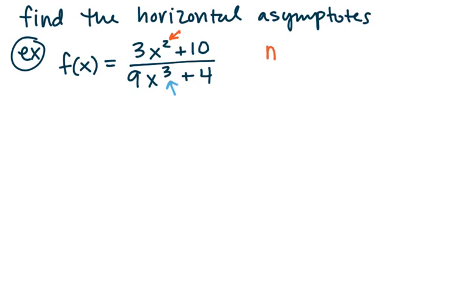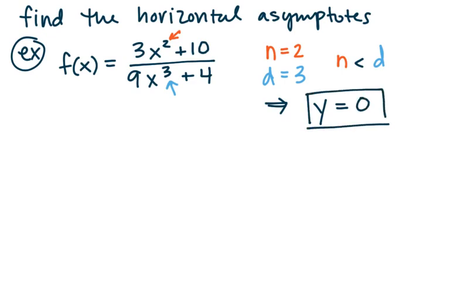In this situation, n equals 2 and d equals 3. So we would say, well, n is less than d. And if n is less than d, then we know our horizontal asymptote is going to be at y equals 0.